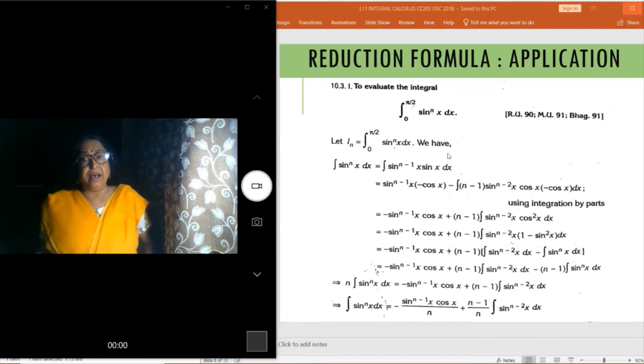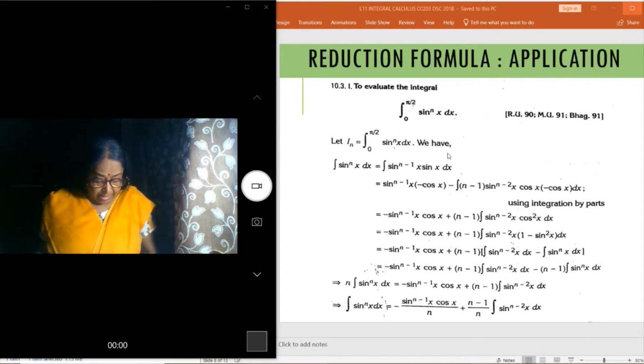Then applying integration by parts. In this, we get ultimately the integration of sine to the power n x dx is equal to sine n minus 1 x cos x by n plus n minus 1 by n into integral of sine n minus 2 x dx.